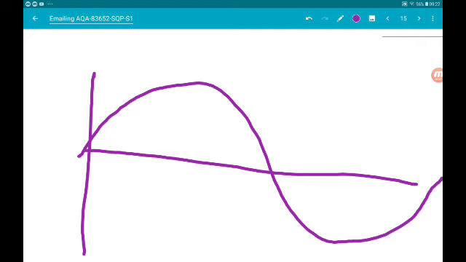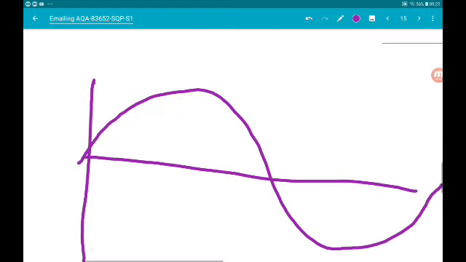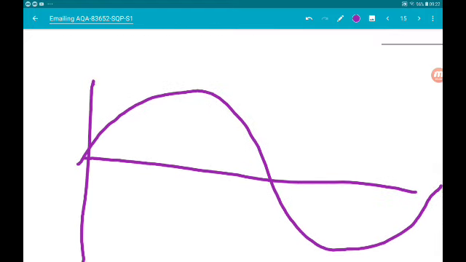Now what we've just got here is this solution of 38.2 degrees, but it's not obtuse. So if we carry this line across, we get another solution over here.